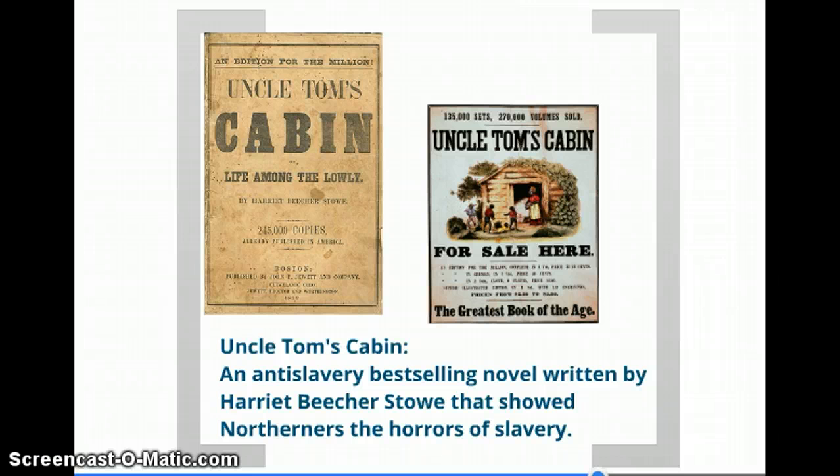So it turned many Northerners into abolitionists, and Southerners were upset at its publication. They felt that as a novel, it depicted all slave owners as evil and dramatically misinterpreted what slavery was. So again, it's simply another example of something that happened in the 1850s that further divided the nation, North from South.